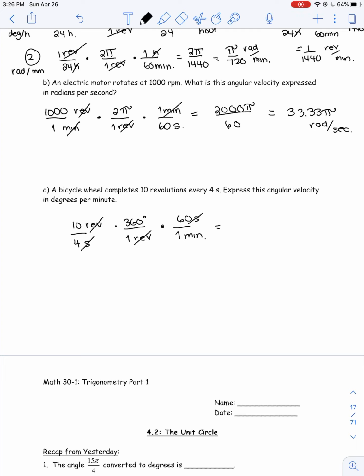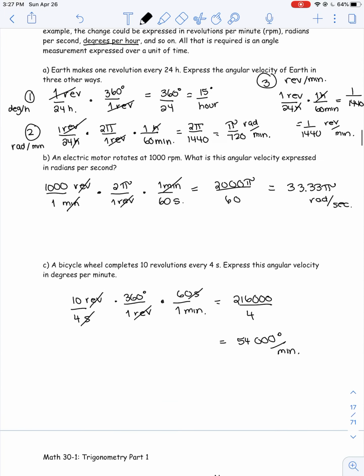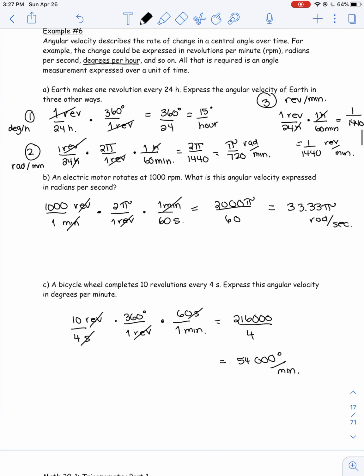Then we multiply all those numbers at the top together. 10 times 360 times 60 gives us 216,000 over 4. And you should get that that's equal to 54,000, and that will be degrees per minute.